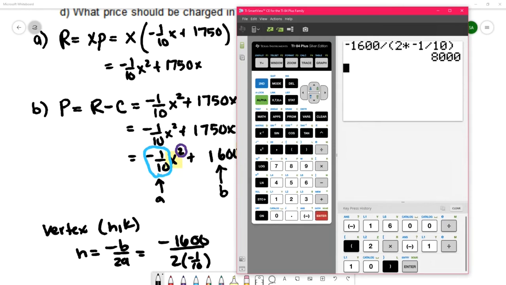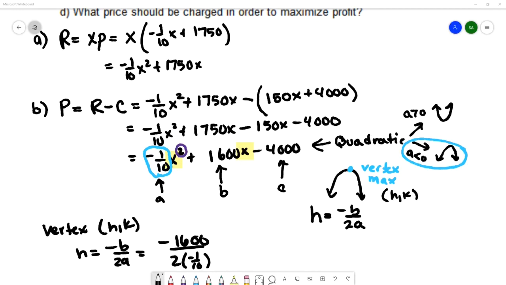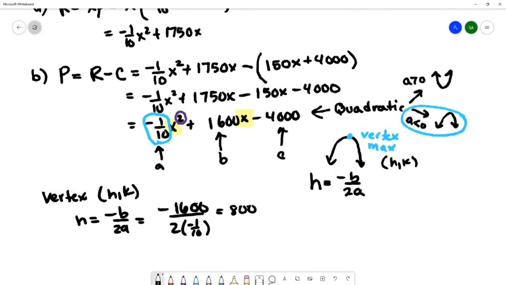So we have 8,000. And then I want to find the y-coordinate of the vertex by substituting into the profit function. So I'm going to find k by evaluating profit at 8,000.